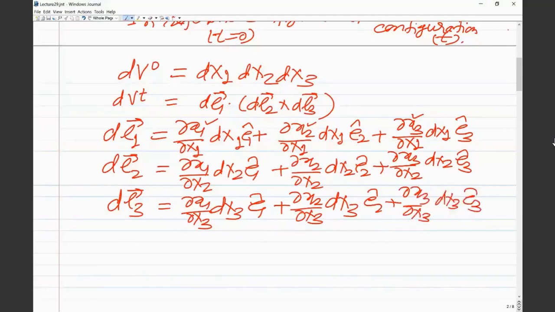Now if you look at the dot product, as I said, dvt, the differential volume in the deformed configuration, is dl1 dot dl2 cross dl3.